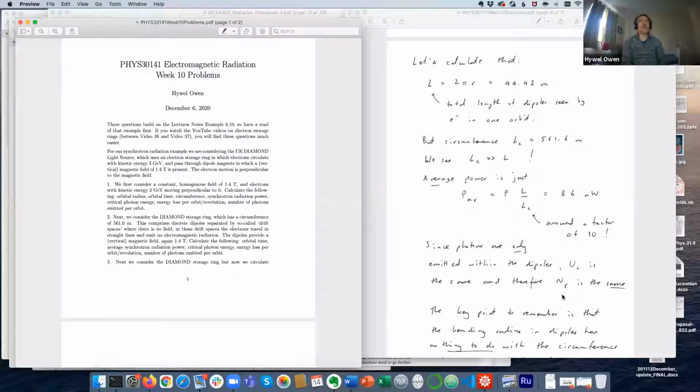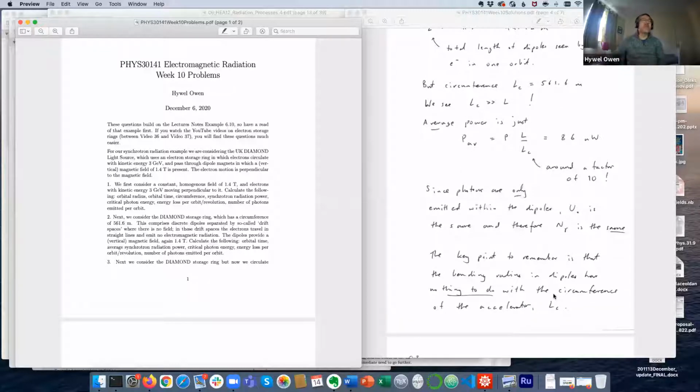So all those numbers are the same. The only thing that changes is the average power, because sometimes the photons aren't emitting as they go through those drift spaces. So the key point to remember in all of this is that we calculated the bending radius in the dipoles, but that has absolutely nothing whatsoever to do with the actual circumference of the accelerator.